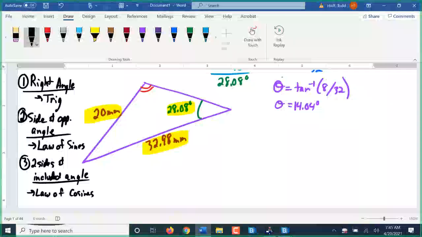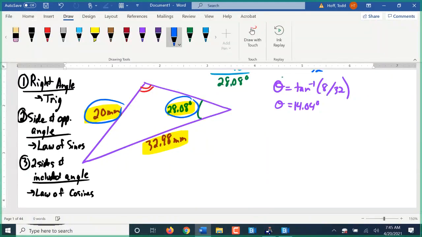So in this example here, we have one angle, the 28.08. The big question is do we have the opposite side? And we do, the 20 millimeters. So we can use our law of sines. It'll be the 20 millimeters over the sine of 28.08 degrees equals, well, our only other piece of information is the 32.98.